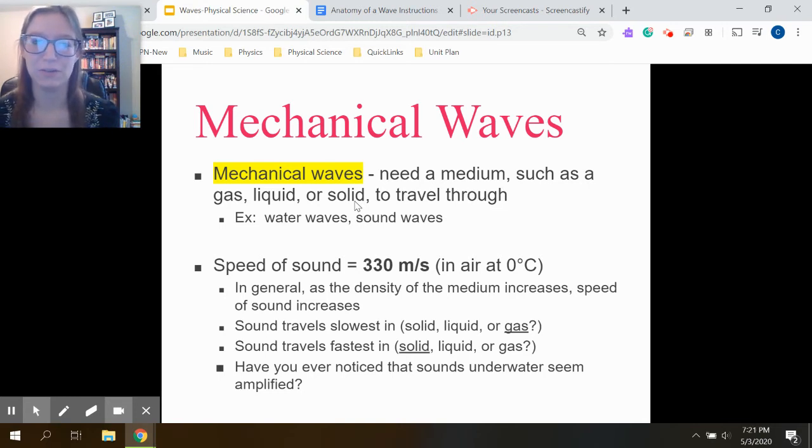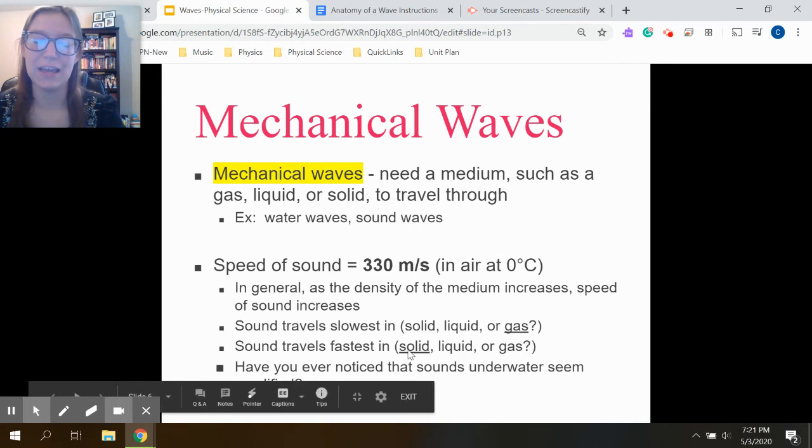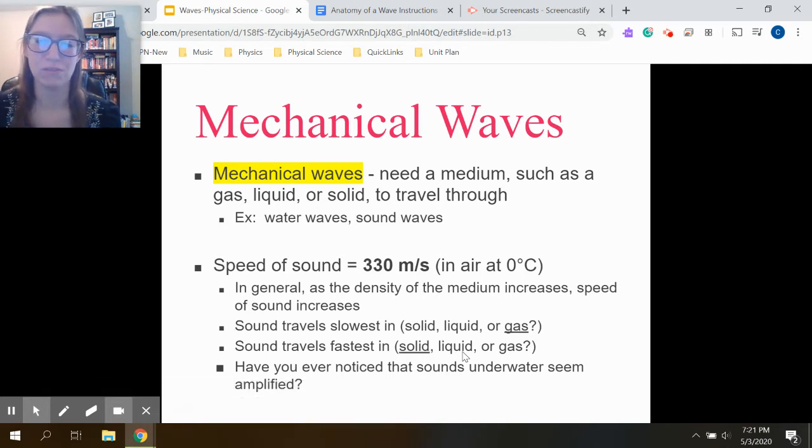Examples of mechanical waves include waves on an ocean or sound waves. Sound waves are very big. Cool note about sound waves: they travel pretty fast in the air, but did you know that they actually travel the fastest if you hear them through a liquid or a solid? As mediums get denser, you experience mechanical waves a little faster.